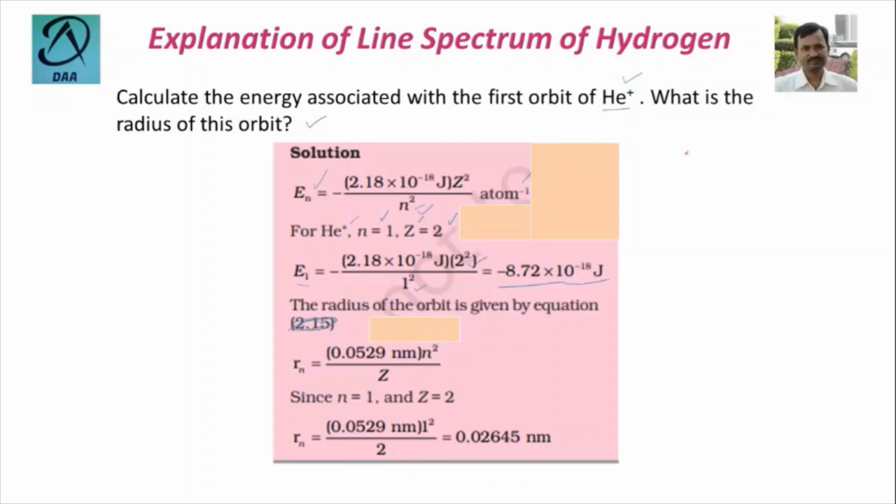In the book this is there, and if you find my previous class, then you will find the radius. Rn is equal to 0.0529 nanometer n square by Z. This is considered as a0. You can find it in my previous class. And here n and Z both we know, n is equal to 1 and Z is equal to 2. Then the final value of Rn will be 0.02645 nanometer.